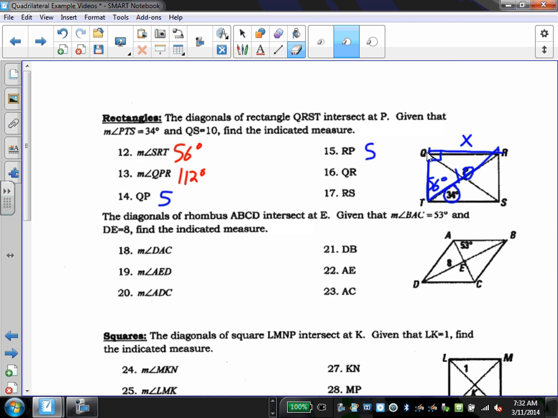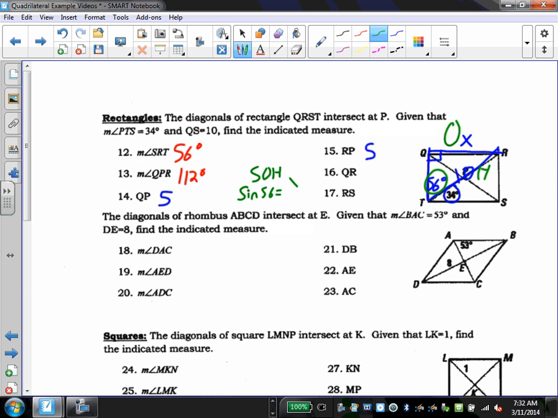So, what do we want to set up here? Well, what sides do we have for this 56-degree angle? Looks like we have our opposite side and our hypotenuse. So, SOH-CAH-TOA means that we want to use sine here. So we're going to set up sine of 56 equals x over 10.